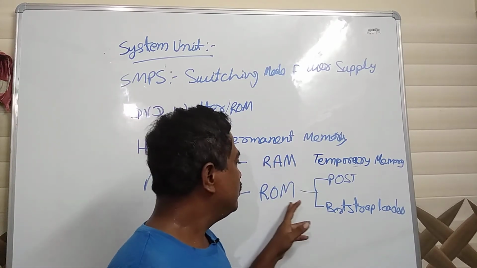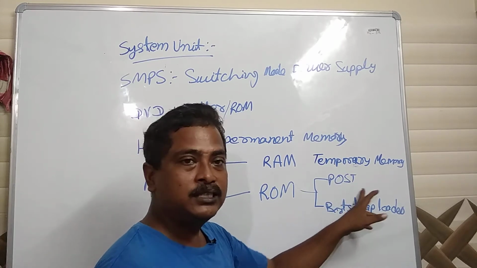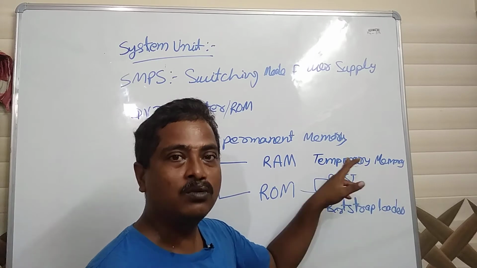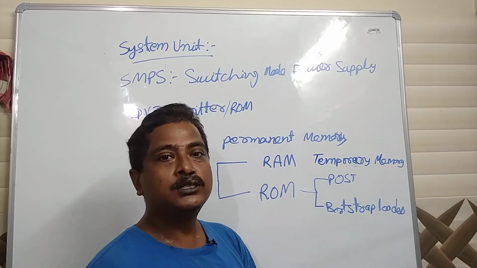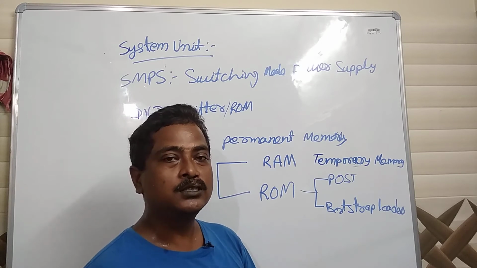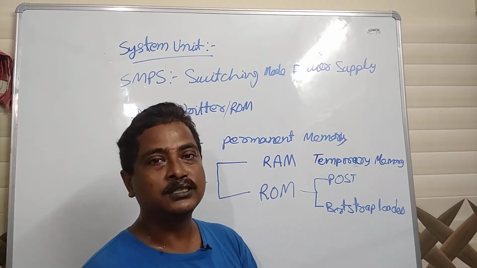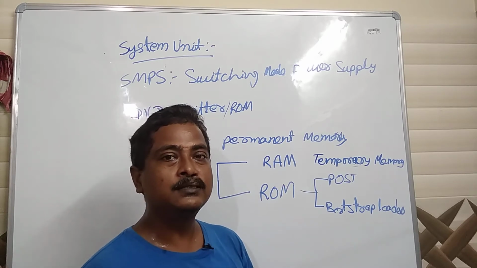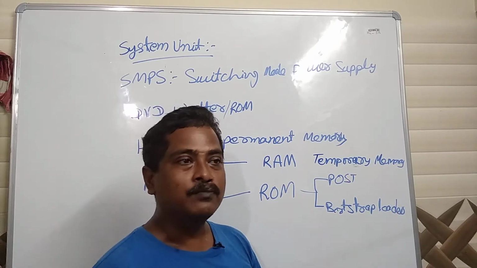Now in the ROM, first is power on self test. It is a software or program or firmware, whatever you may call it. It is responsible to check all the equipments of the system just after switching on the system. If any hardware problem is there, it will give a message on the system.